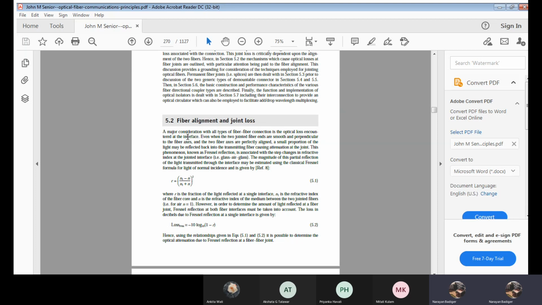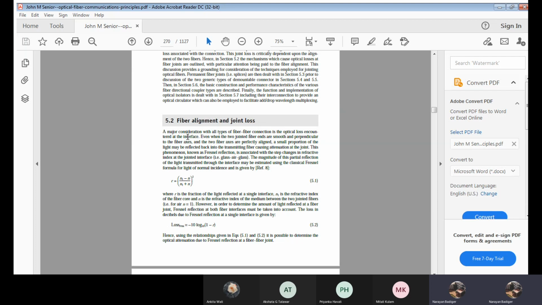Okay, there will be some amount of light wave reflecting back into the transmitting fiber. Okay, what do I mean by the axis of the first cable and the axis of the second cable? When light tries to enter the axis of the second cable, correct, some proportion of the light wave tries to reflect back practically.